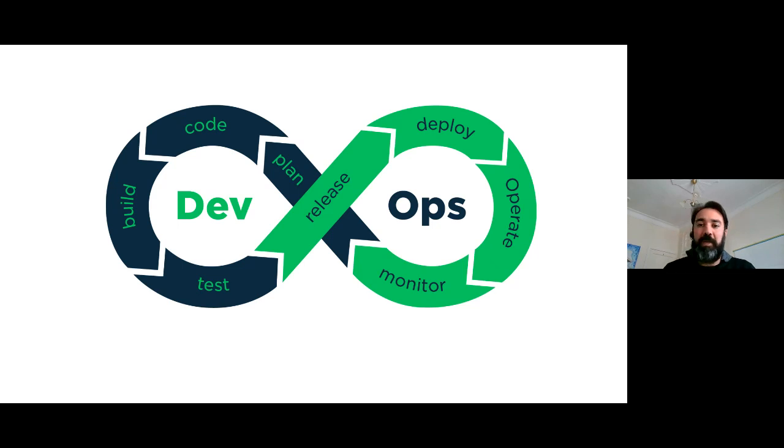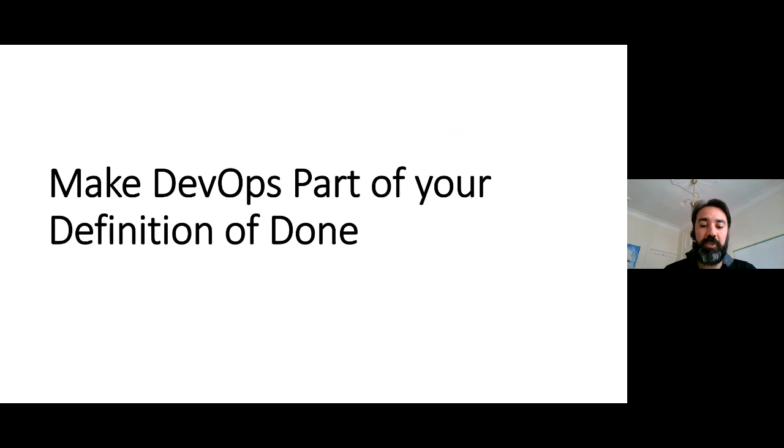Right, so let's have a look at what is the best way to introduce DevOps in your implementation. And from experience, I can say that the best way to deal with DevOps is to include it in your definition of done. So if you're implementing an agile process, an agile methodology, you've got user stories.